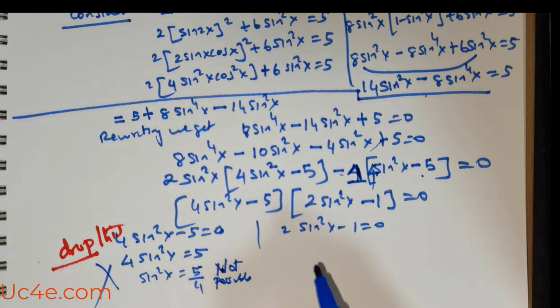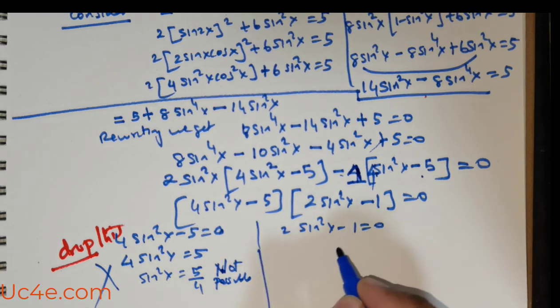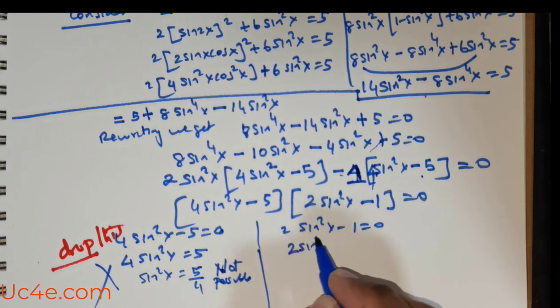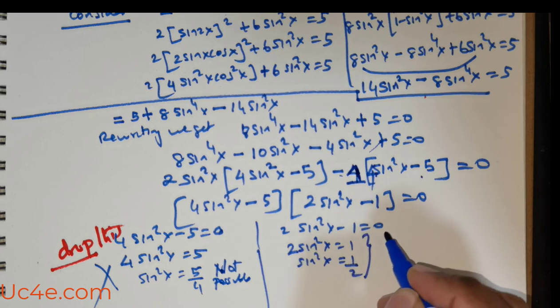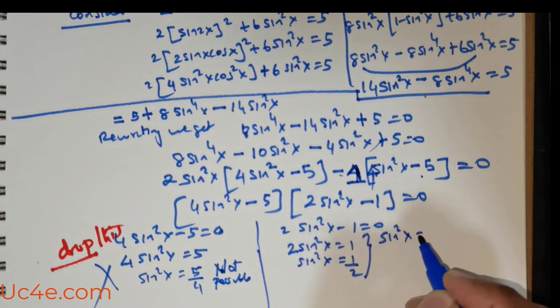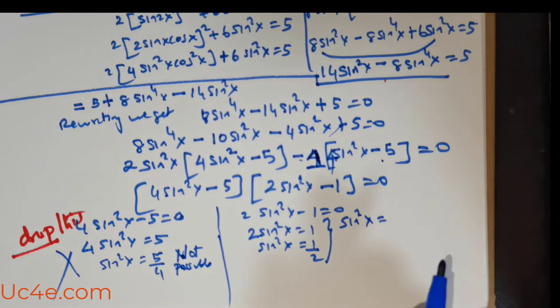So now we have 2 times sine squared x minus 1 is equal to 0. So 2 times sine squared x is equal to 1, so sine squared x is equal to 1 divided by 2. I need to get 1 over 2, right?